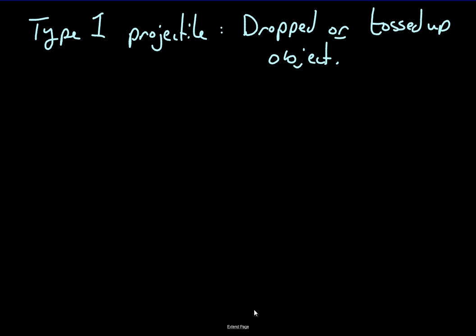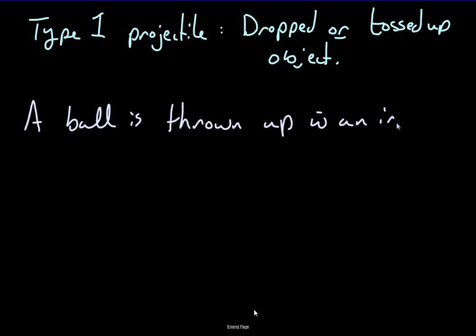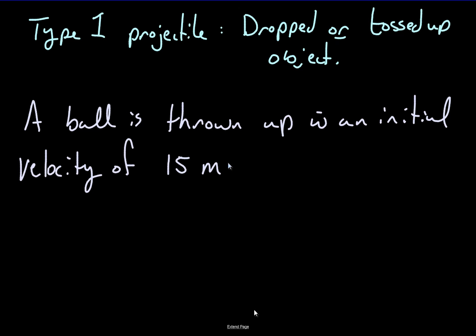Let's start with a question like this. A ball is thrown up with an initial velocity of, we'll say, 15 meters per second.